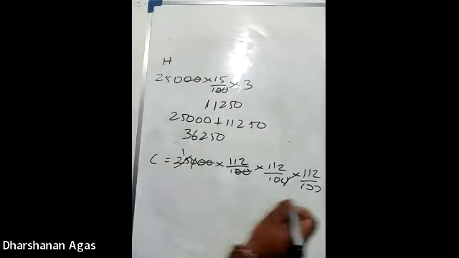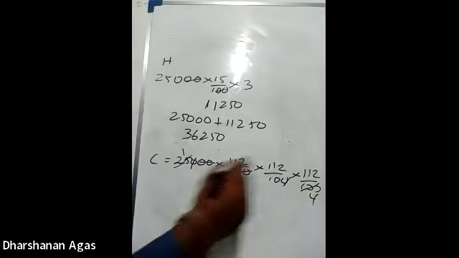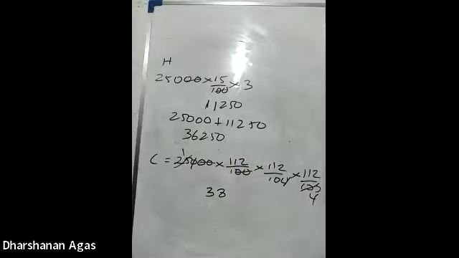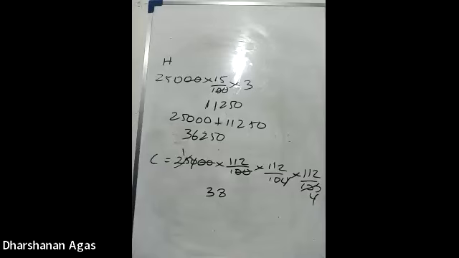Here by 25 is 1, here by 25 is 4. Multiply, what answer are you getting? Final answer, students? 37,030.